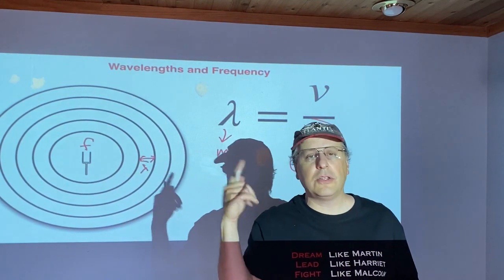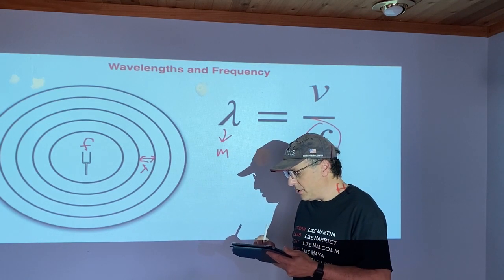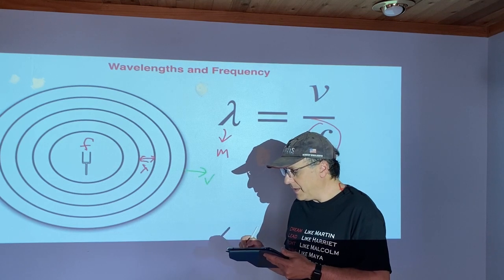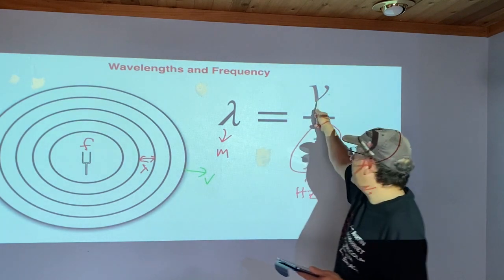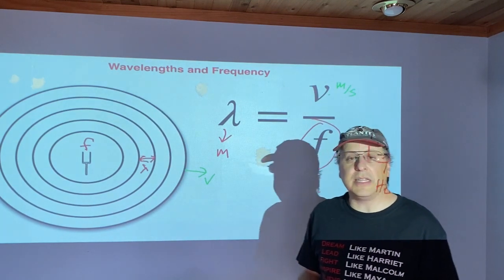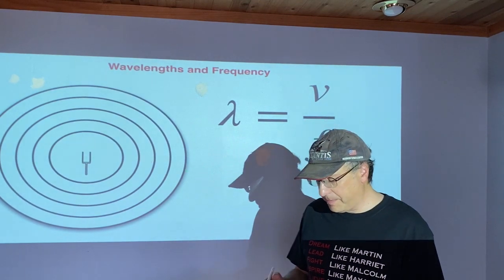It's the frequency of the tuning fork, how quickly it vibrates. That should be measured in hertz. And finally, velocity is how quickly the wave is moving. That should be measured in meters per second.